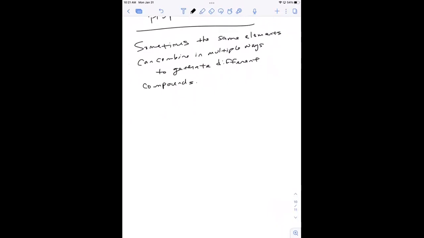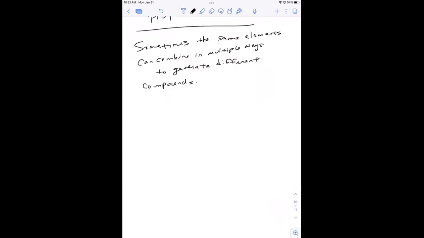All right. And the reason why that's important is because unlike the law of constant proportions, when the same atoms combine different ways to give you different compounds, you're going to get two different products. And so because of that, the ratios may be a little bit different from one product to the next. So you have to have a way of dealing with that, right?